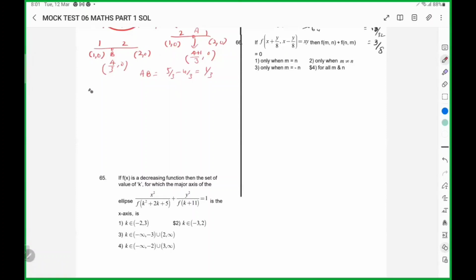This one, he told major axis is x-axis, then ellipse will be like this.